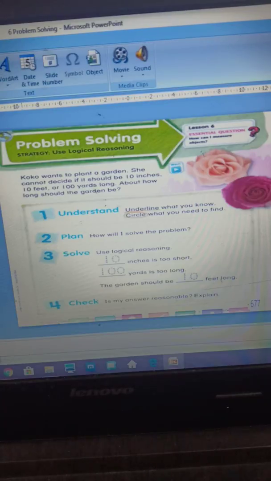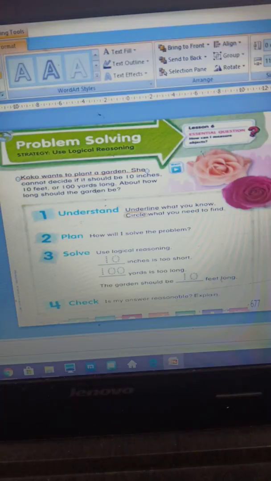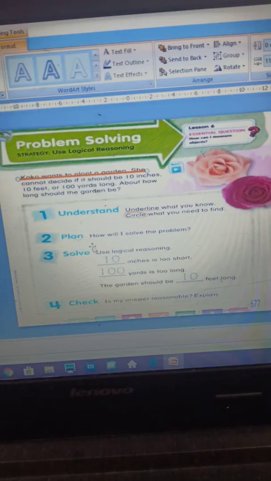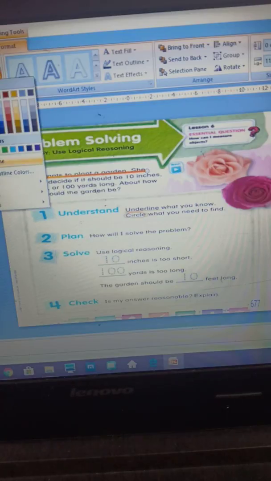What we know about the problem is that Coco wants to plant a garden. Coco is planning to plant a garden, so Coco needs our help.